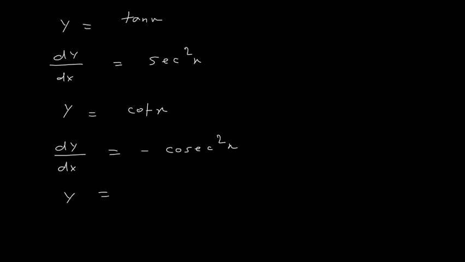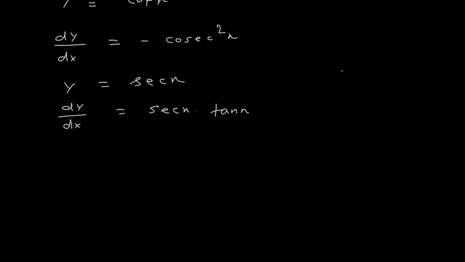When y is sec x, its derivative is sec x into tan x. And last, when y is equal to cosec x, its derivative is minus cosec x into cot x.